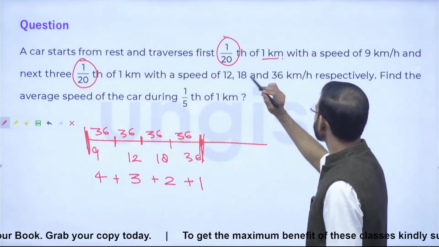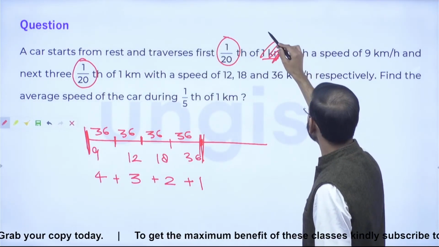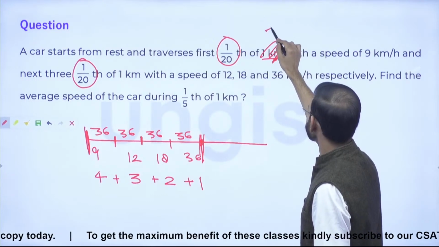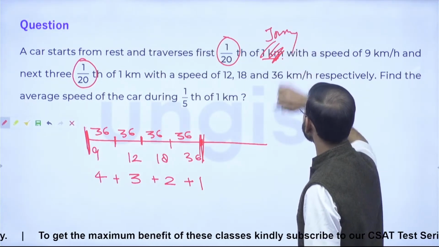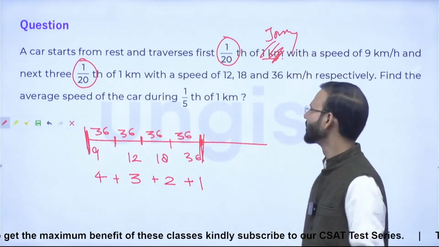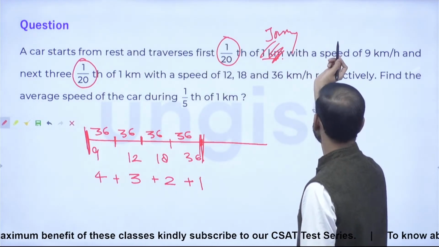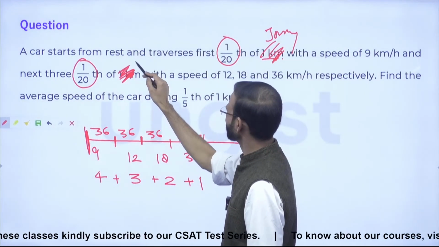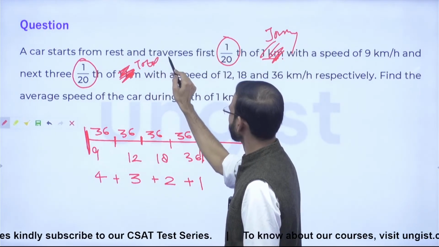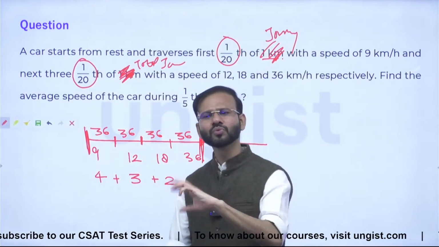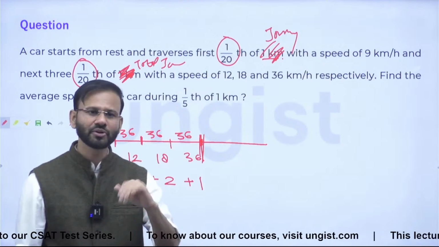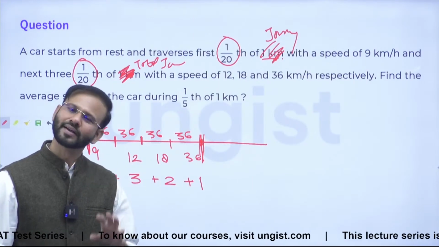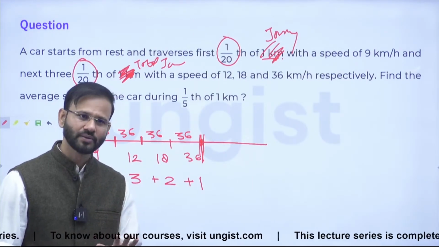We have just considered this 1/20th of total journey, and next 3 1/20th of the total journey. Just ignore 1 kilometer for your convenience. Guys, it is clear, right?